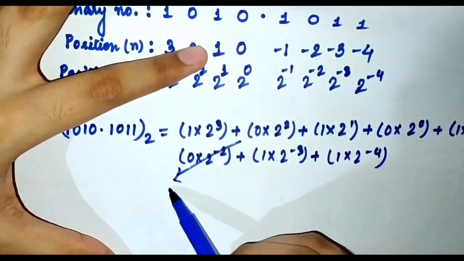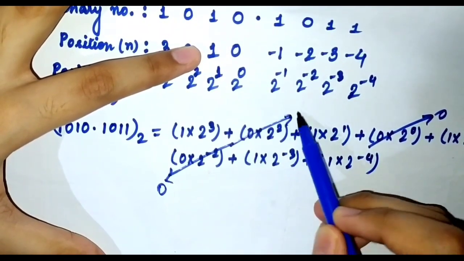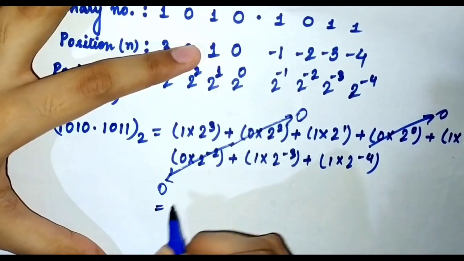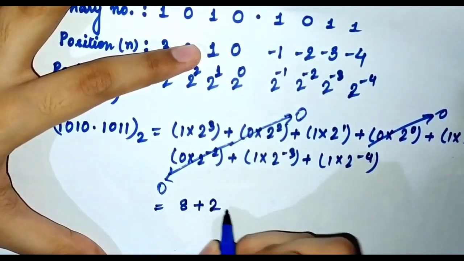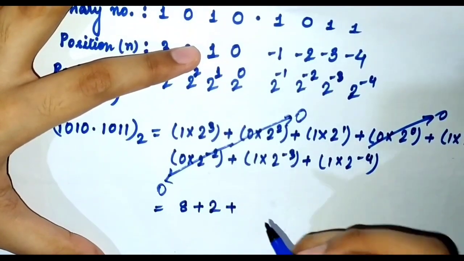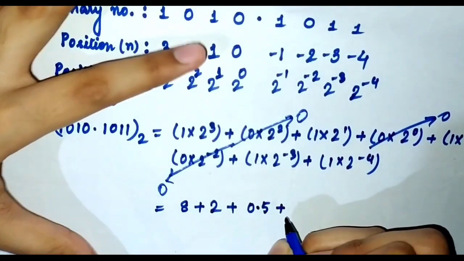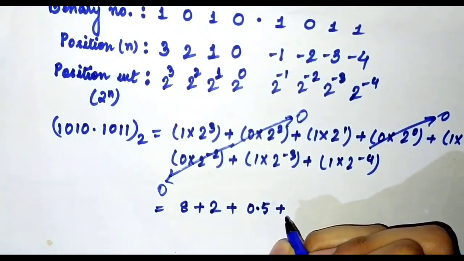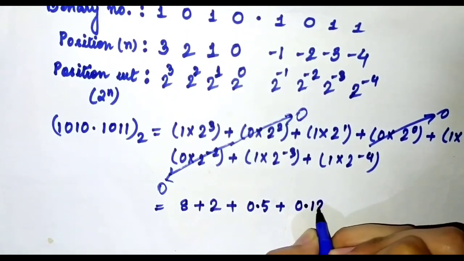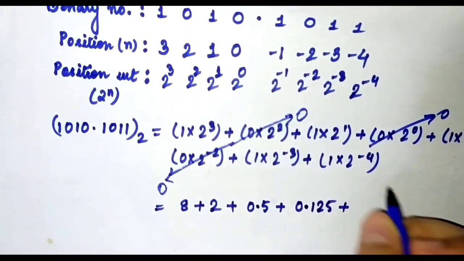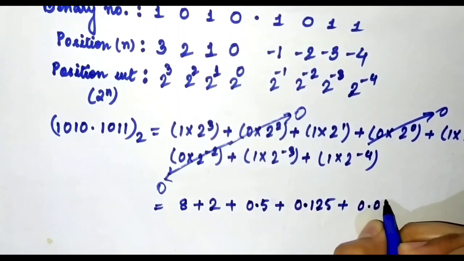So this will be 0, this will be 0, and this will be 0. 2 to the power 3 is 8, 2 to the power 1 is 2, 2 to the power -1 is 0.5, 2 to the power -3 is 0.125, and 2 to the power -4 is 0.0625.